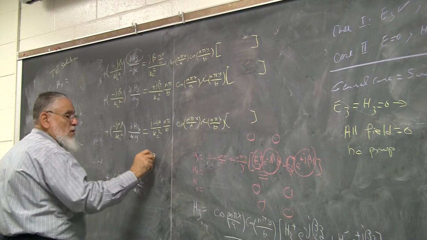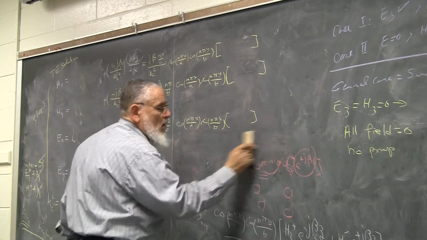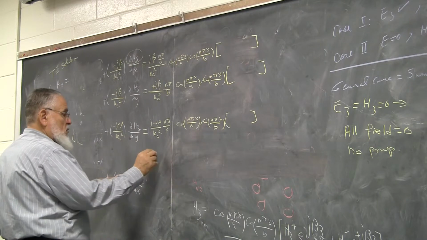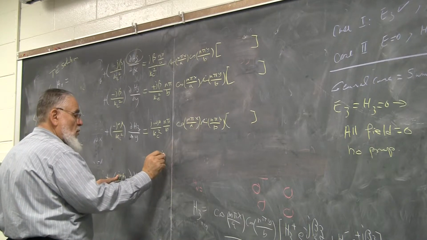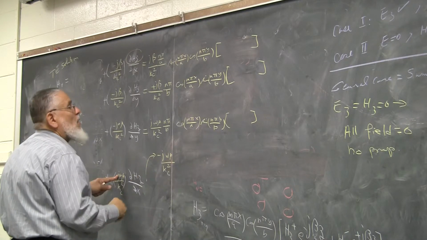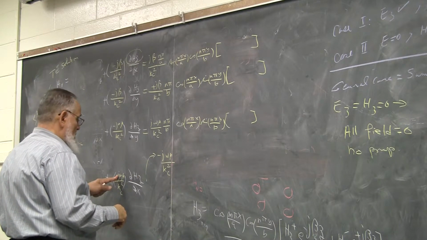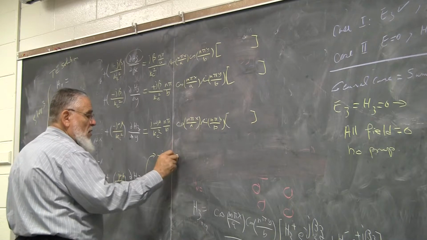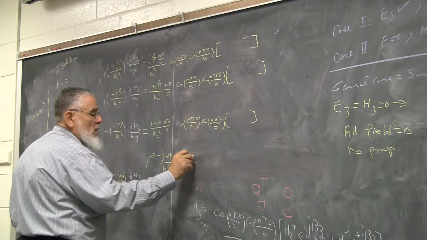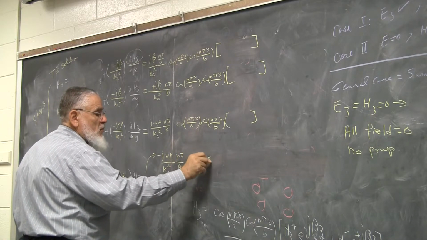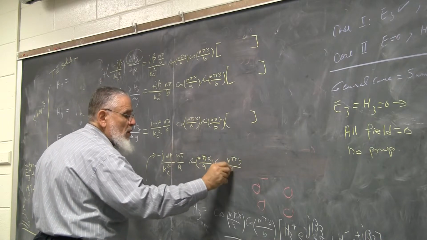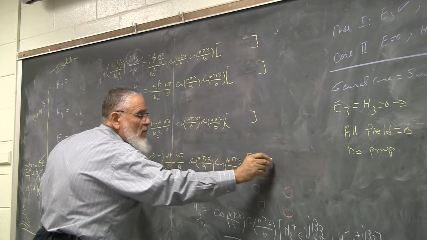And finally this one here, I get minus j omega mu over kc squared, differentiated with respect to x, I get m pi over a, sine m pi x over a, cosine n pi y over b, times the square bracket.